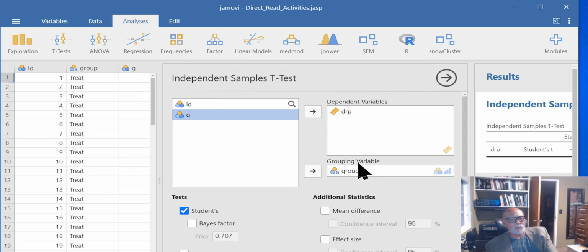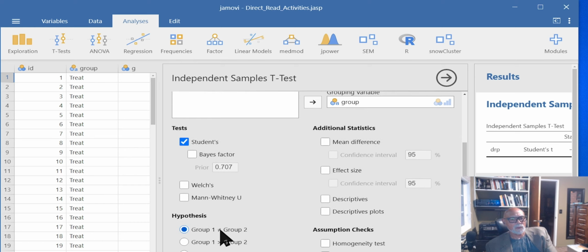I'm going to go through and we'll select the measures that we want. So I'm going to say we want to look at mean differences, we'll get a diagram, and then we want to look at the effect size. Sometimes we have a variable or a relationship that is significant, but it may not be meaningful.